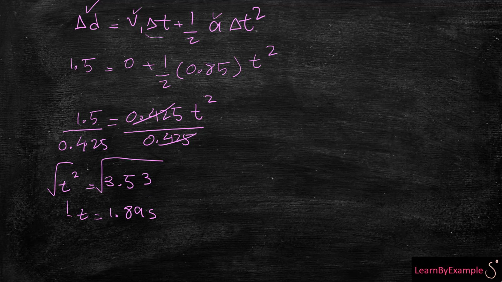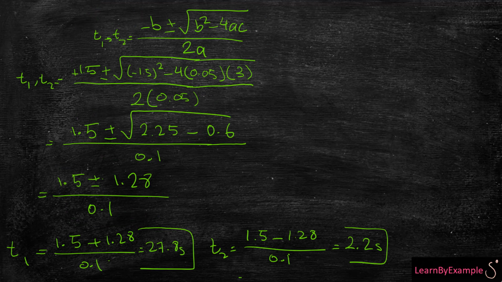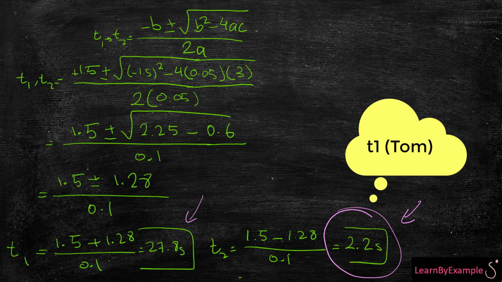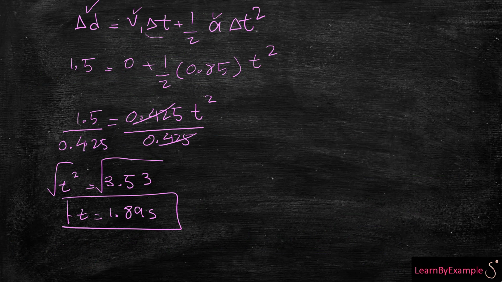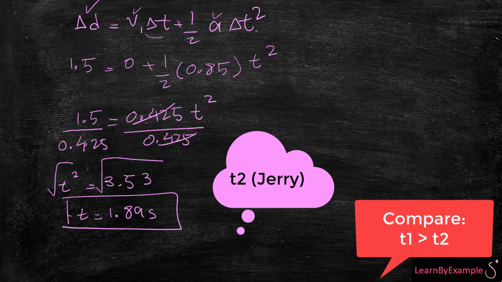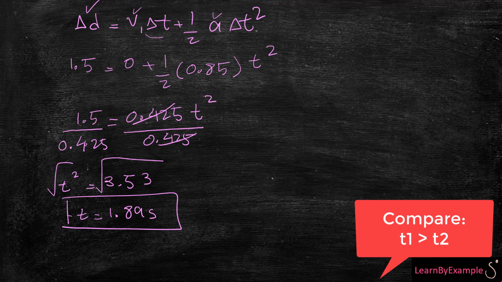Now it takes Jerry 1.89 seconds to reach the window, and it takes Tom two different times. Which one do you want to use? I obviously want to use this one because this one makes more sense. So I'm going to take 2.2 seconds, and since Jerry is only going to take 1.89 seconds, Jerry is actually going to run away, and Tom will not be able to catch him.